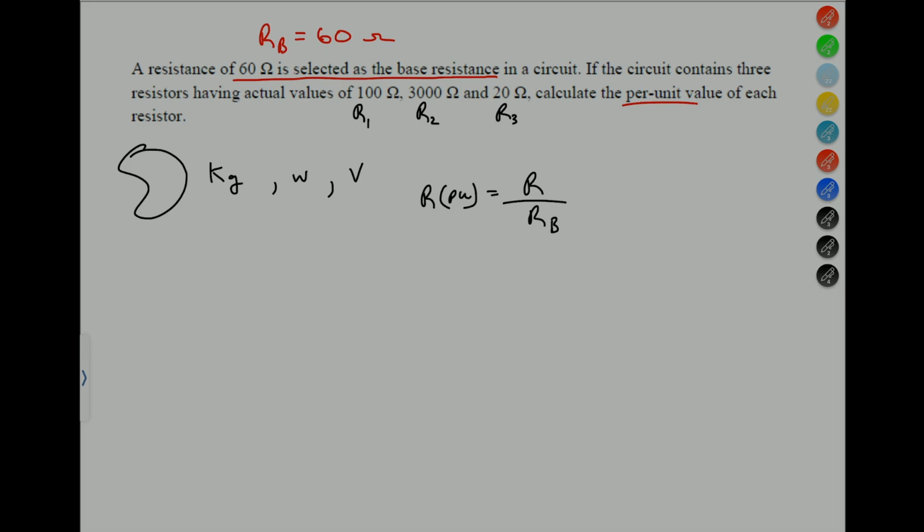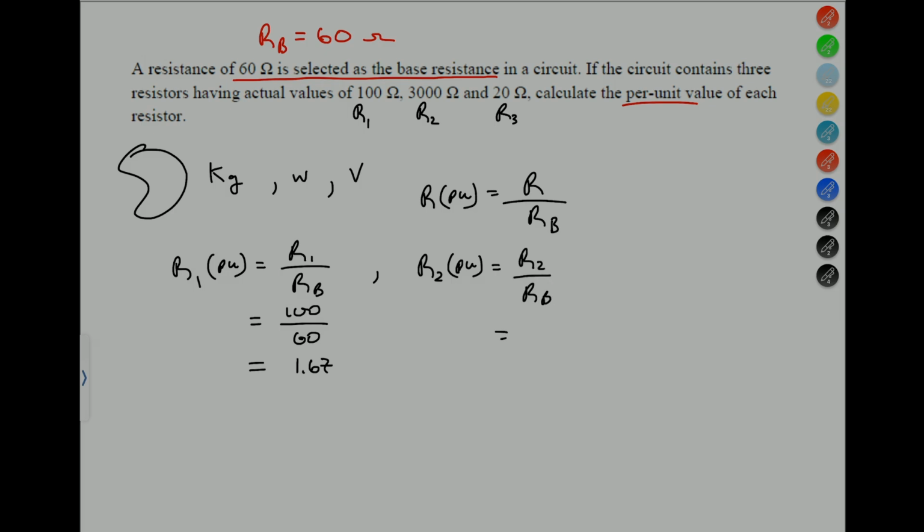So in this case, if R1 is equal to 100 ohms, the per unit value of R1 is equal to R1 divided by RB. R1 is 100 ohms, RB is 60 ohms. That is equal to 1.67. Same thing for R2. The per unit value of that is equal to R2 divided by RB, which gives us 50 over 60, about 0.83.